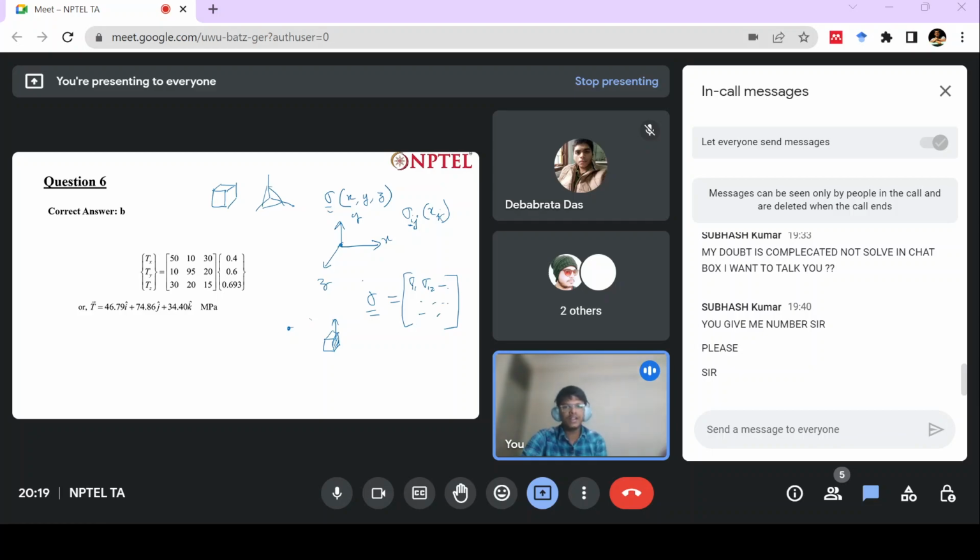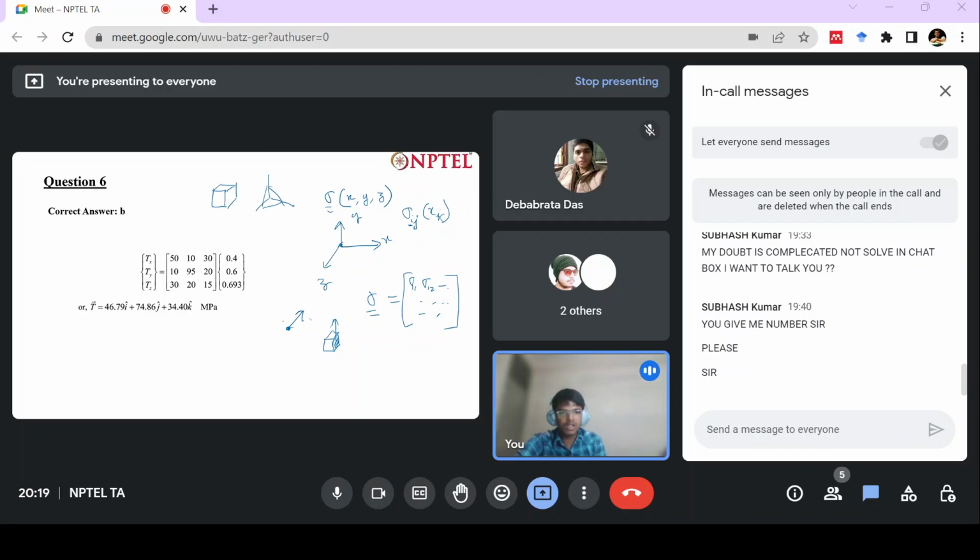So this is defined. Now what I want to find is actually the traction vector. So the traction vector, what is it? We will take a particular face and find the resultant force acting on that face, the force per unit area acting on that particular face. I'm taking this point, and I'm taking some normal direction, this direction.